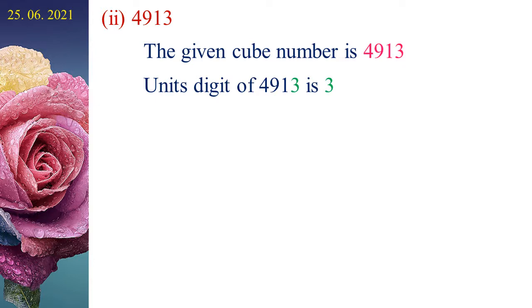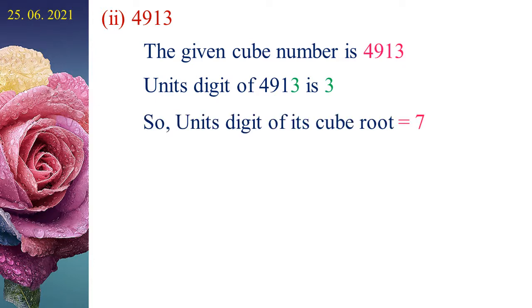If the units digit of a cube number is 3, the units digit of the cube root of the number is 7. So, the units digit of its cube root is 7. Next, we should find the tens digit of the cube root of 4913.